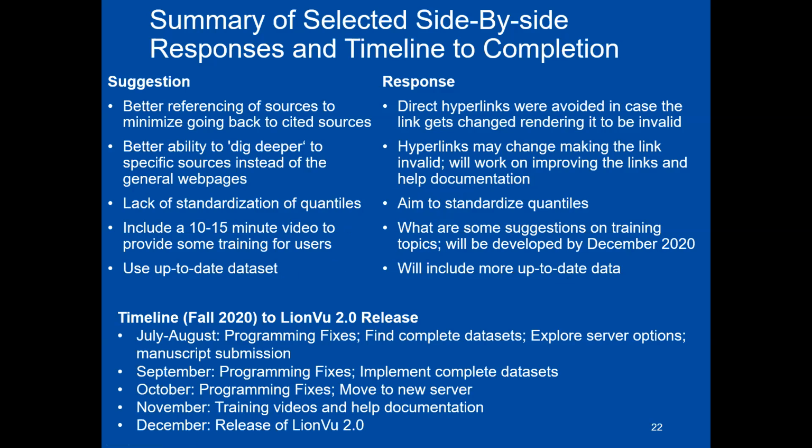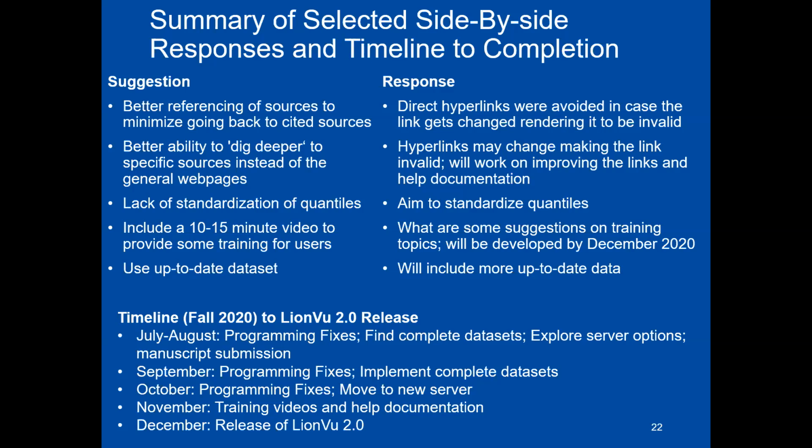The timeline for the release: from July to August, I did some programming fixes. I found some complete data sets, explored server options, which I'm still planning on doing, and manuscript submission for this usability assessment. September, programming fixes and implementing complete data sets.